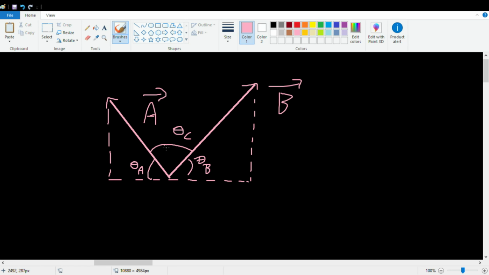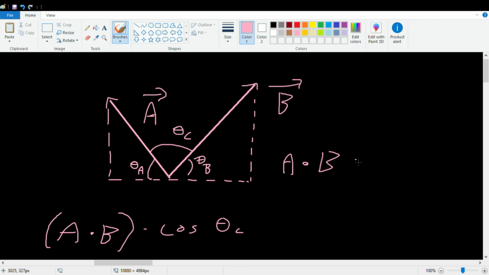Now that we have this angle right here, we do a times b in parentheses. This is very important. Times cosine of theta c. Now, make sure you have this in parentheses. This is not the same as a times b cosine theta c, and this is not the same as b times a cosine theta c.